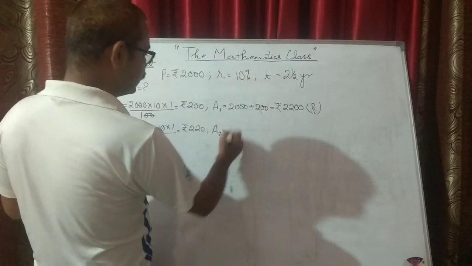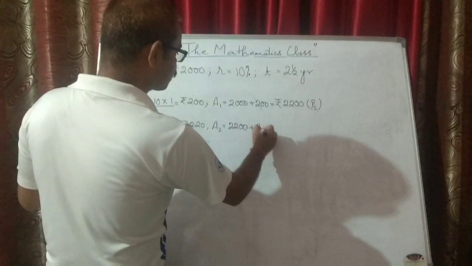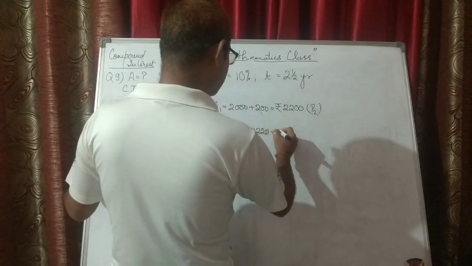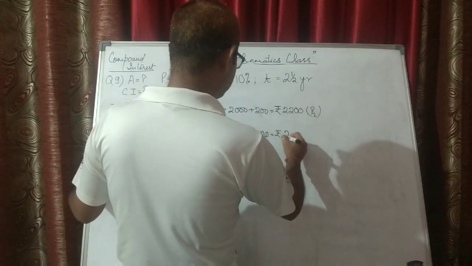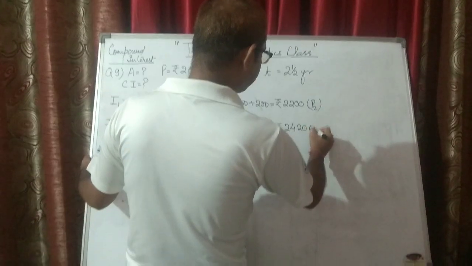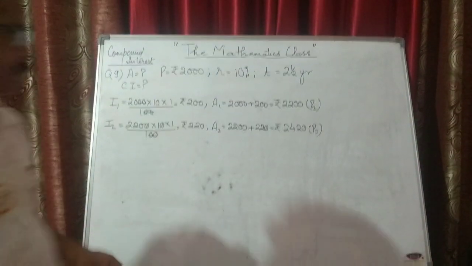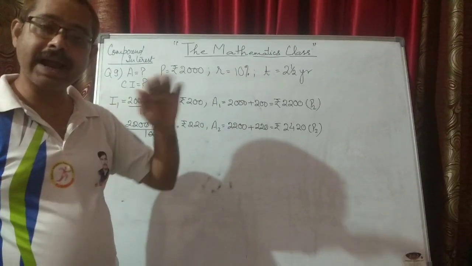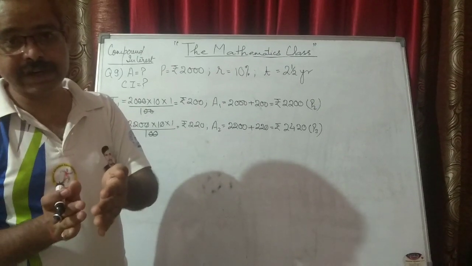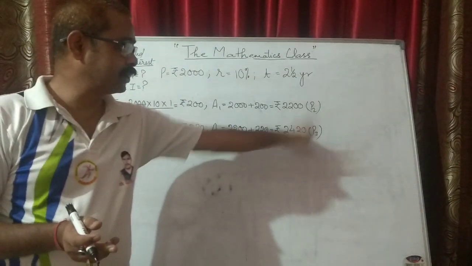Amount after the second year is 2,200 plus 220, that becomes rupees 2,420. It becomes P3, or principal for the third year, or amount at the end of the second year.